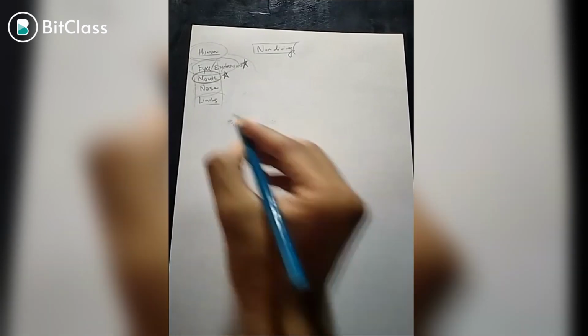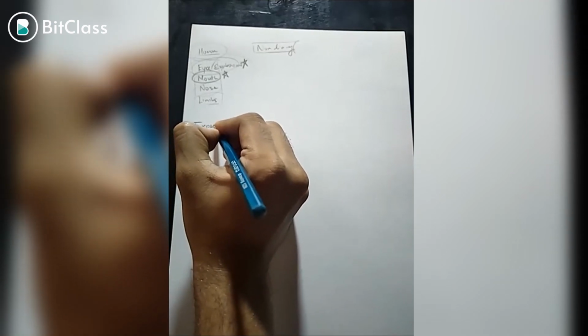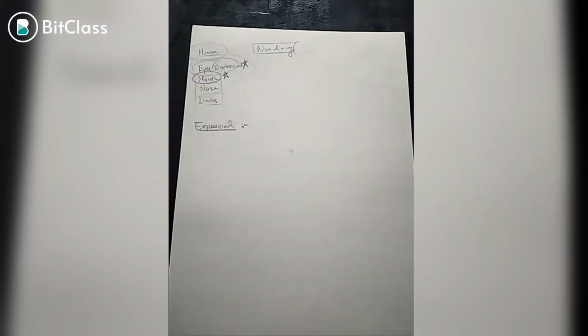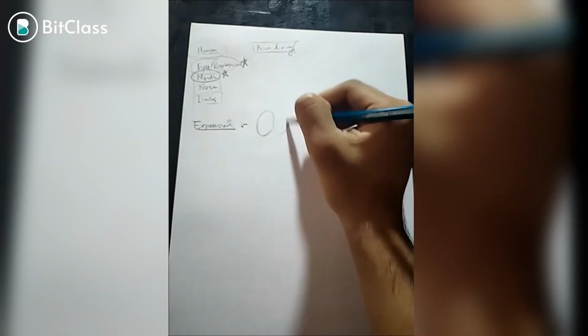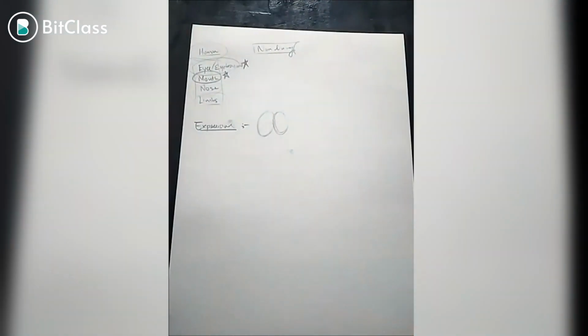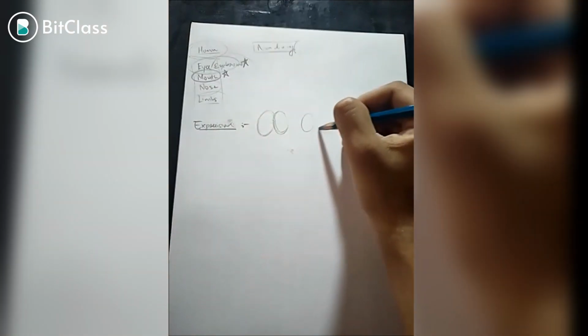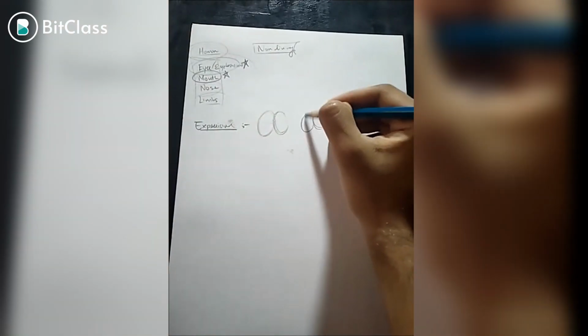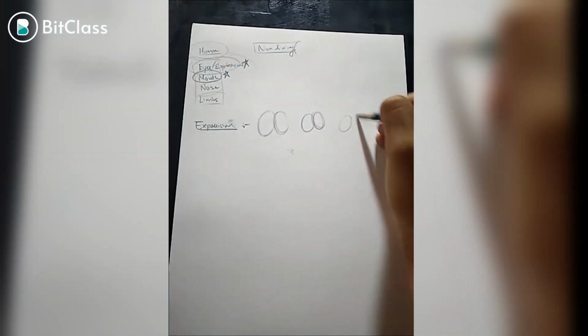Okay, let's see how. Now we are going to learn a little bit about expression. Now, how to draw expressions. For eyes, make sure you draw two ovals or eggs right next to each other, depending on the shape of what kind of eye structures you want to give them.